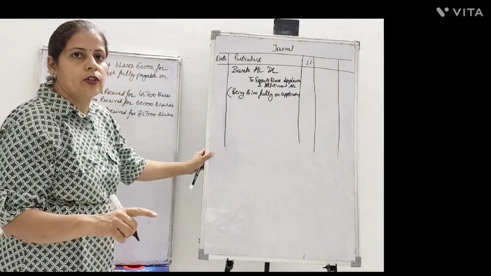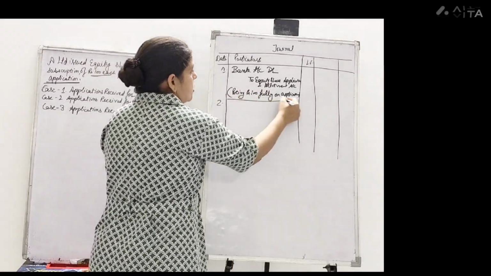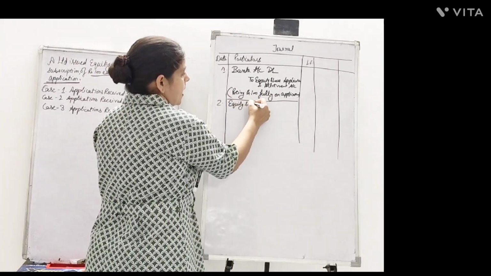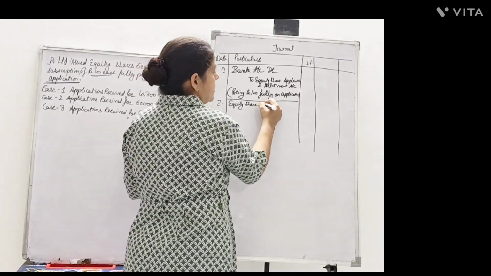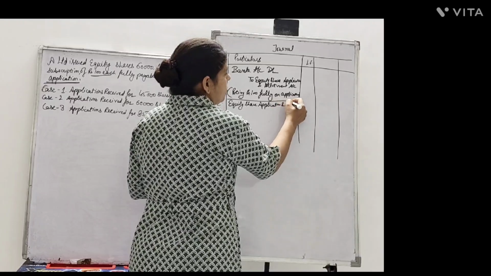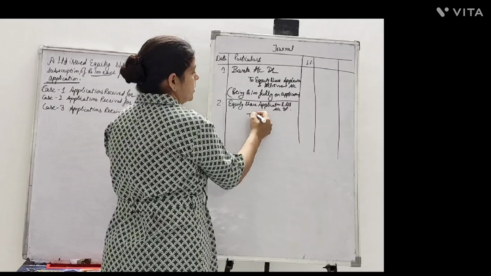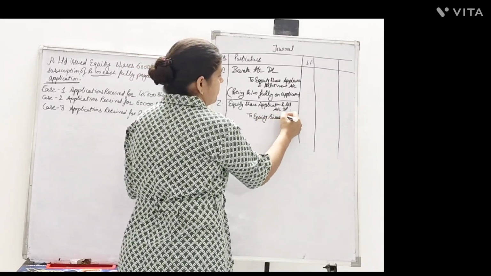And the second journal we talked about in the last video is equity share application to equity share capital. Here equity share application and allotment would be debited, because the full amount was payable at the time of application.